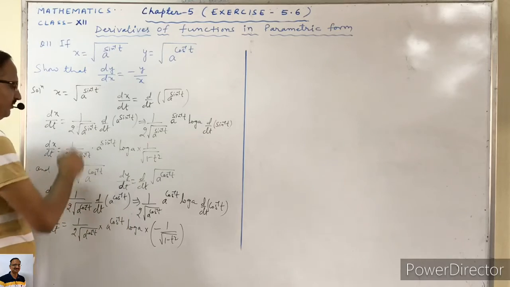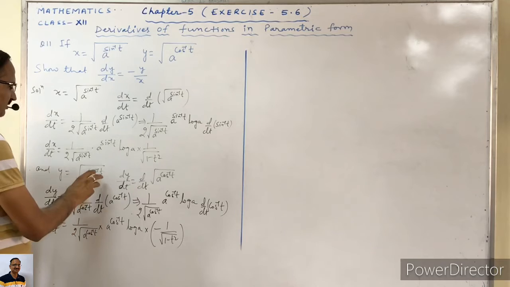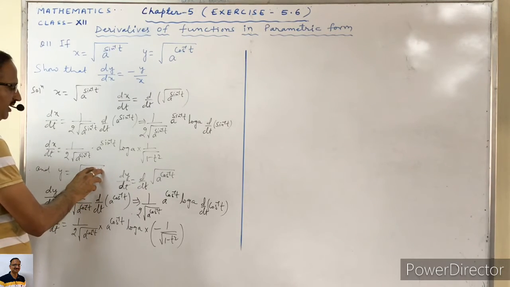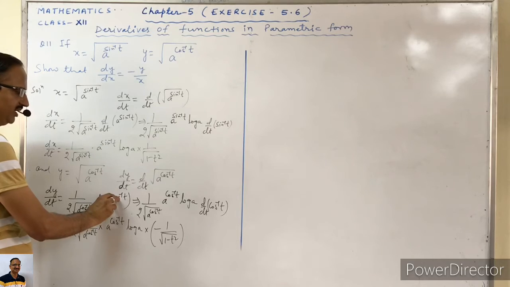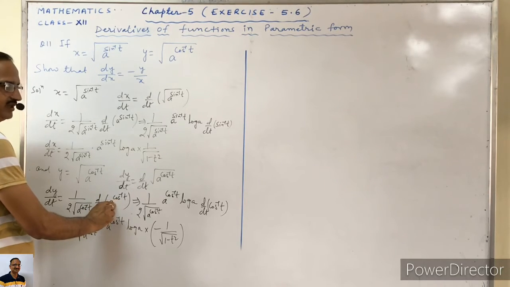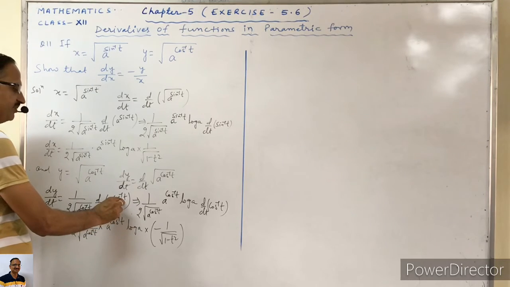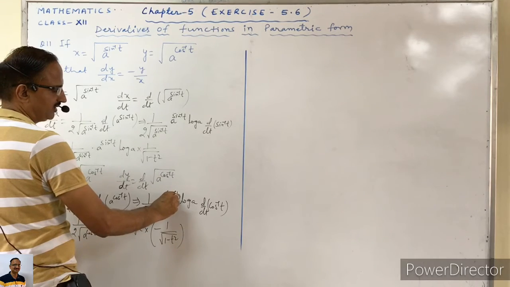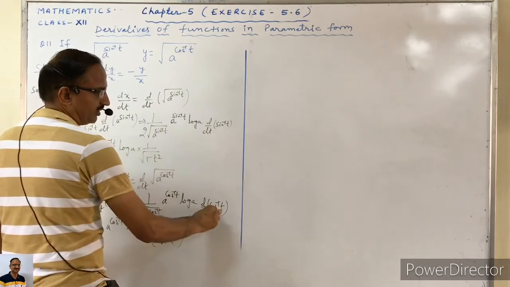So as we have done for x, the same is in case of y. We will assume this as t, इसको t मान के डेरिवेटिव फाइंड करेंगे, तो द डेरिवेटिव ऑफ रूट t इज 1/2 रूट t, लेकिन ये t नहीं है, इसका डेरिवेटिव फिर से प्रोडक्ट में लिखेंगे. एंड सिंस दिस इज द फॉर्म ऑफ a रेज़ टू पावर t, बट दिस इज नॉट t, तो इसको t मानेंगे तो इसका डिफरेंशिएशन होगा a रेज़ टू पावर cos इनवर्स t log a, जिसको t माना उसका डिफरेंशिएशन फिर से प्रोडक्ट में.